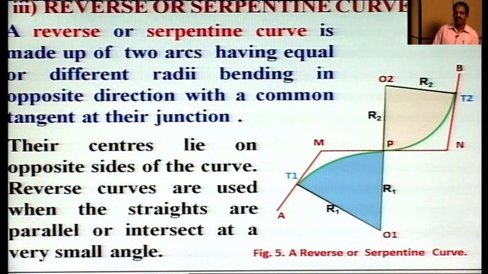So, this is the case where we provide a reverse or serpentine curve. An example is a level crossing. We find such types of curves provided over level crossings. So, this is the case of the third one, the reverse or serpentine curve.